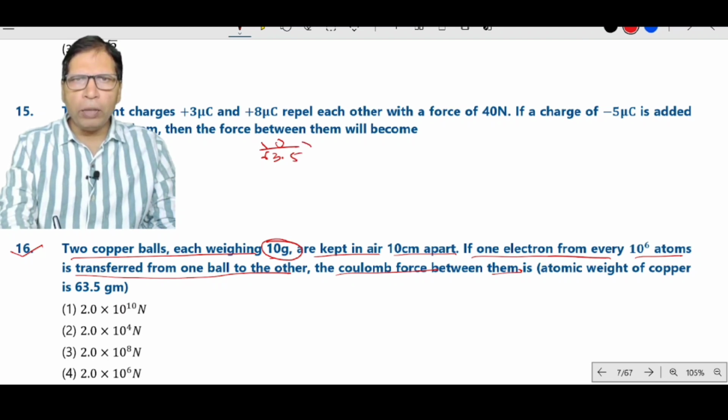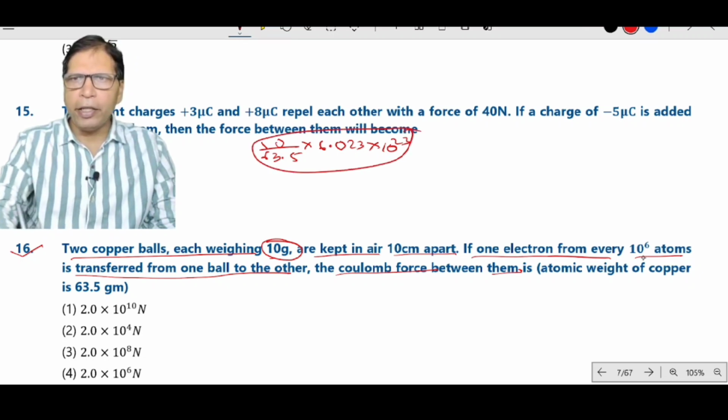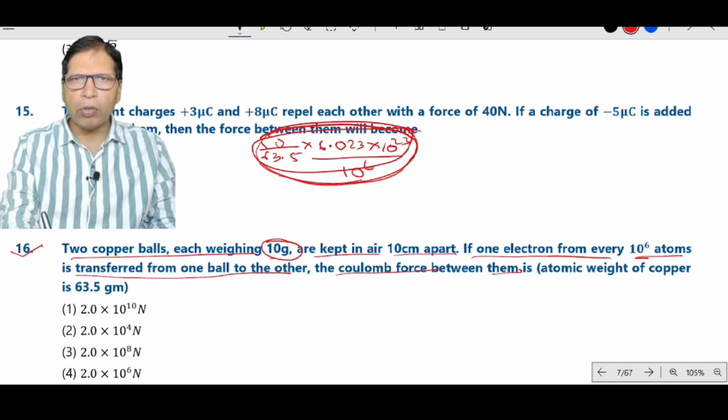If the number of moles is multiplied by the Avogadro number, we get the number of atoms present in it. If this number is divided by 10 to the power 6, we get the number of electrons transferred from one copper ball to the other. The charge transferred should be multiplied by the electronic charge, 1.6 into 10 to the power minus 19.